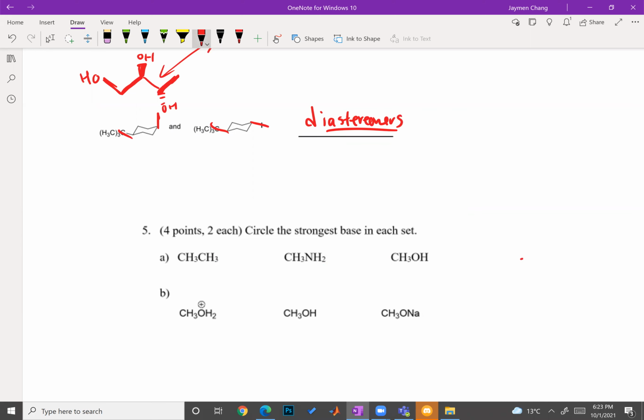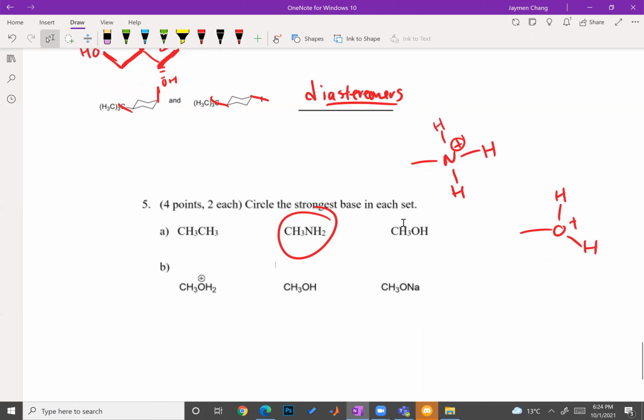So we're going to draw the two different structures here if they were to be protonated, because remember, if it's a base, it's going to get a proton. And what we will see is that nitrogen is a lot better at handling a positive charge than oxygen because nitrogen is less electronegative. Therefore, this is going to be a stronger base.